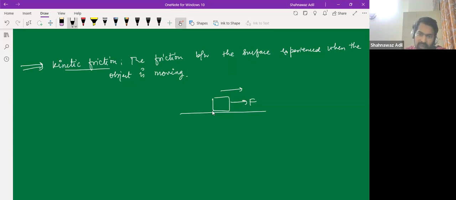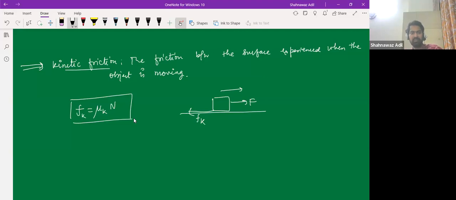Then it will experience a kinetic friction. This kinetic friction is also dependent upon the normal reaction, and if we remove the proportionality, then we get this. So this is the kinetic friction.